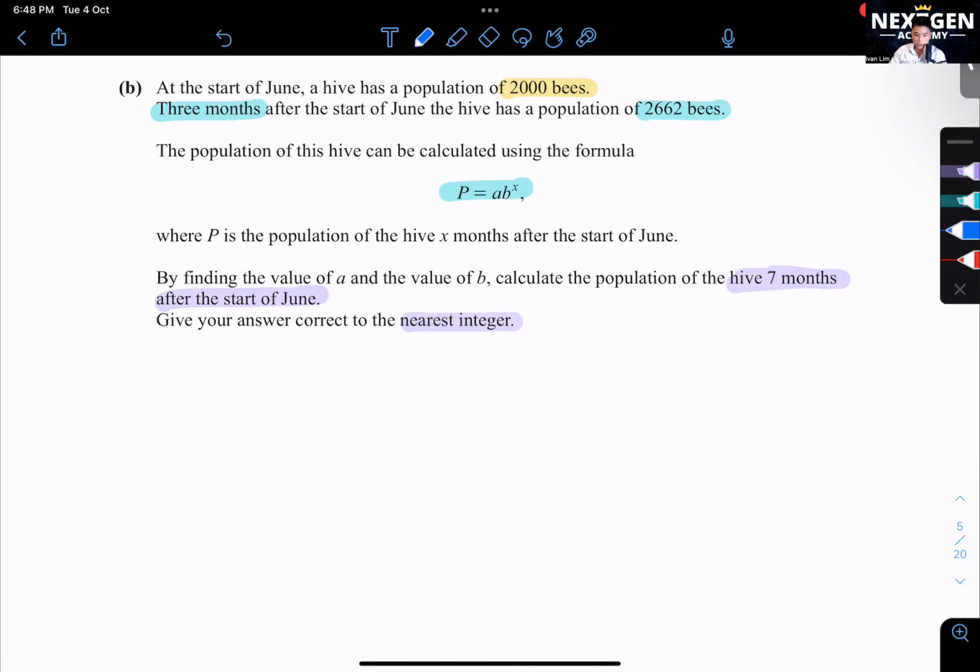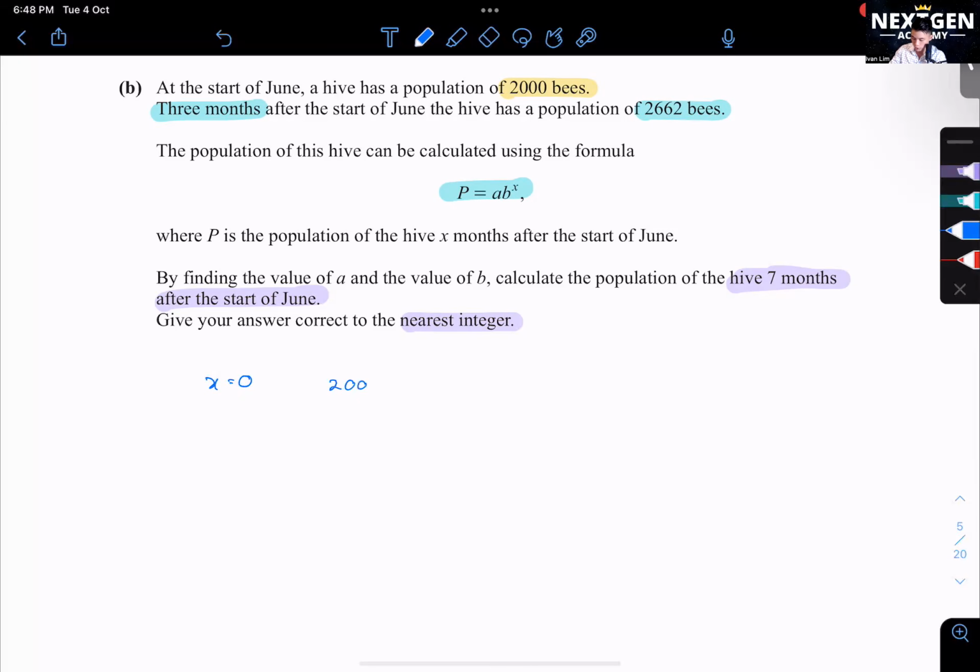So what you gotta do for this, we need to find the information first. At the start of June means your time, your X, is 0 months, because that's the start. So when your X equals 0, the formula will be what? 2000 bees, right?